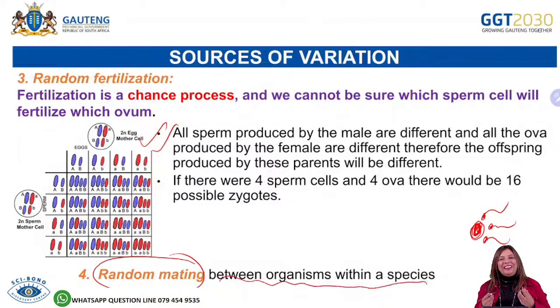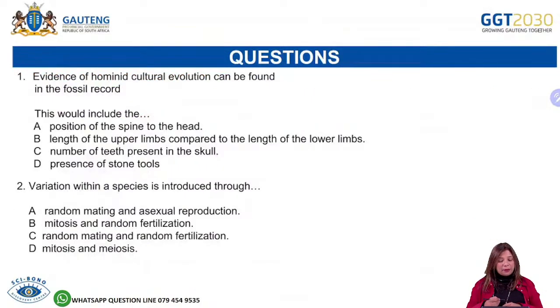But in any case, sometimes we have a male animal and a female animal, but the male mates with many different females. So that also will cause genetic variation because the male has a different DNA makeup and the females all have different DNA makeup from their parents and their grandparents.